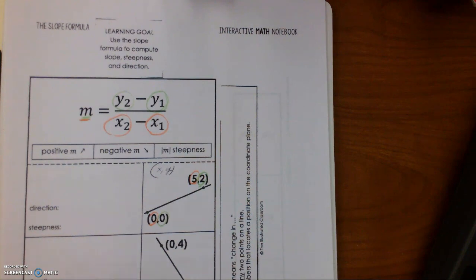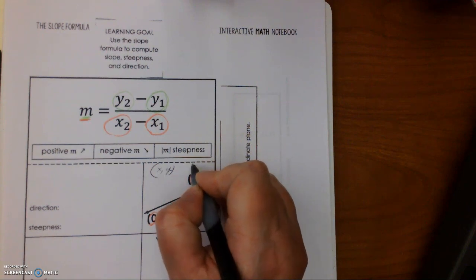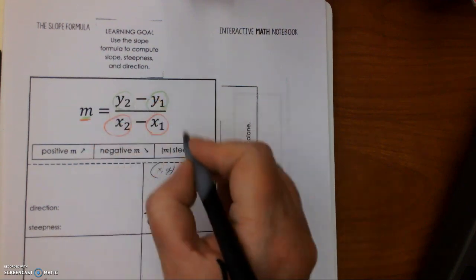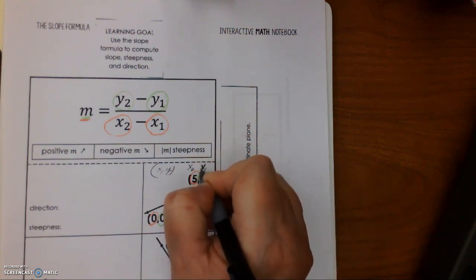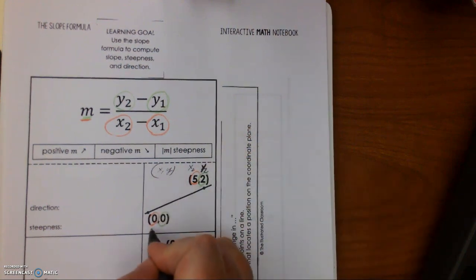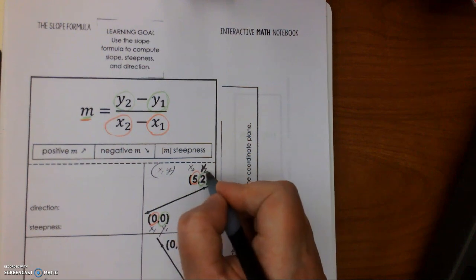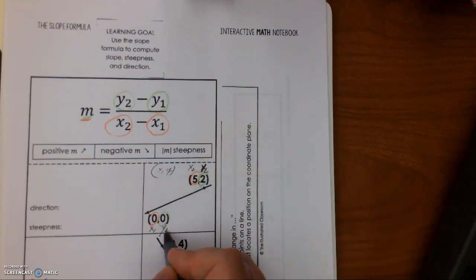So the formula says that we take y2 minus y1. It really doesn't matter which way you label these because you will get the same answer, but know that this is x2, y2 for this particular example, and this is x1, y1.